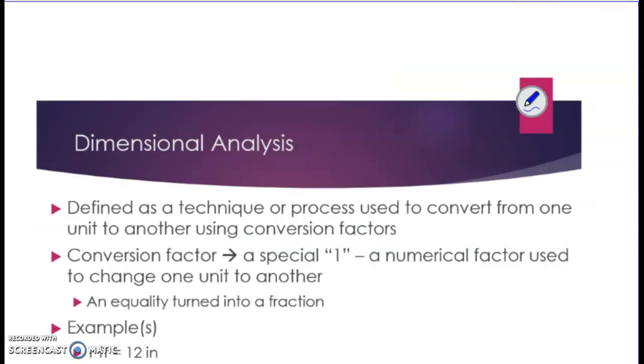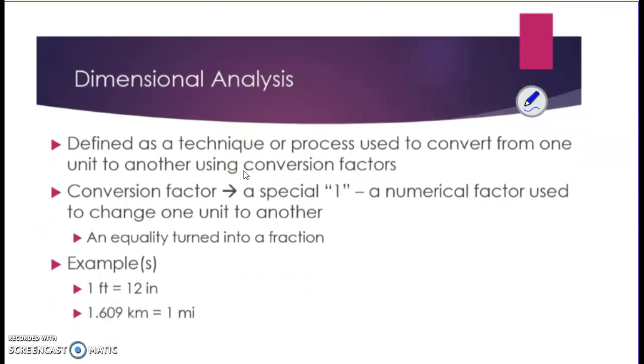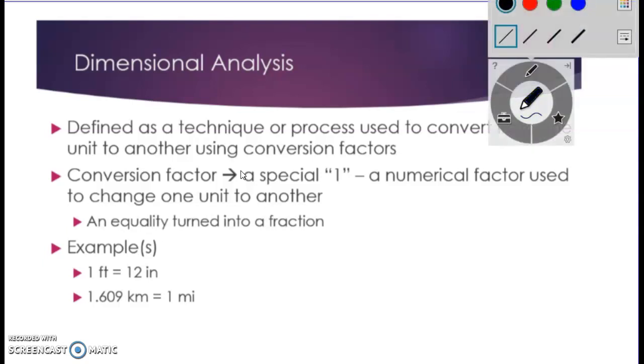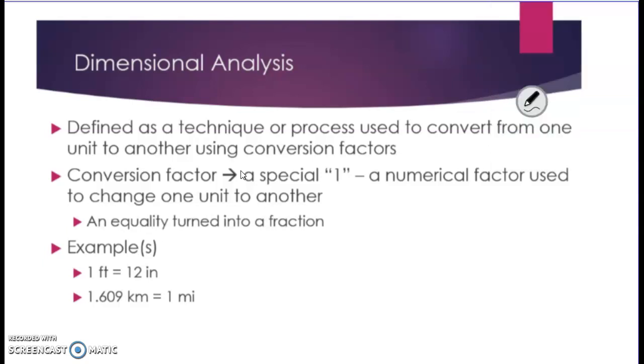We're going to start talking about a process called dimensional analysis. Dimensional analysis is a technique or process used to convert from one unit to another using something known as a conversion factor. Conversion factors are special ones. They're really just equalities that we make fractions depending upon what the problem is asking.